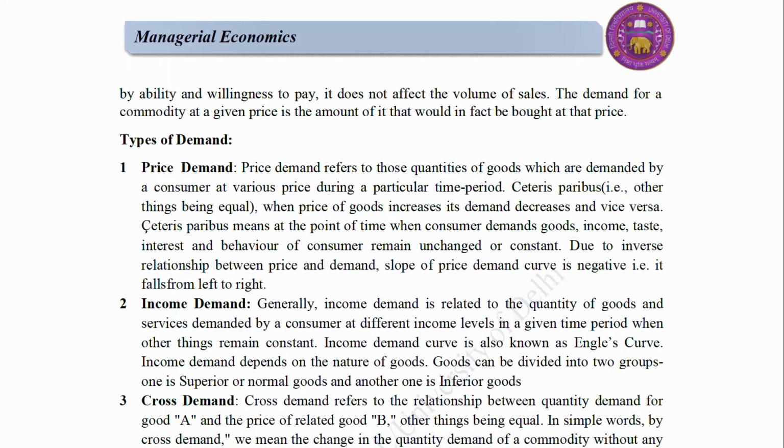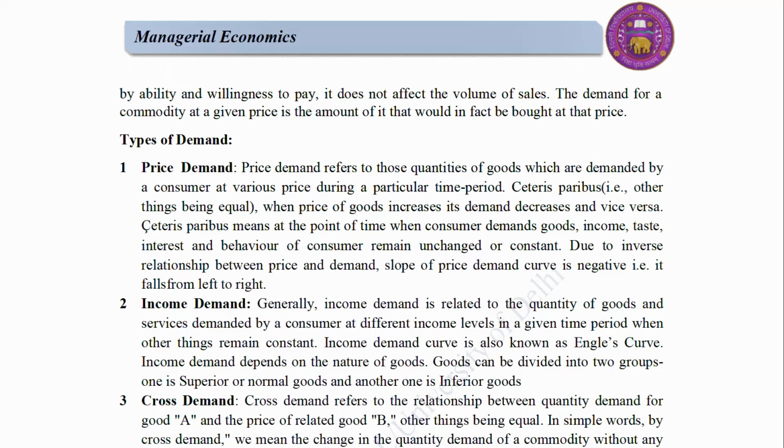Ceteris paribus means at the point of time when the consumer demands goods, income, taste, interest, and behavior of the consumer remain unchanged or constant. Due to the inverse relationship between price and demand, the slope of the price demand curve is negative. That is, it falls from left to right.